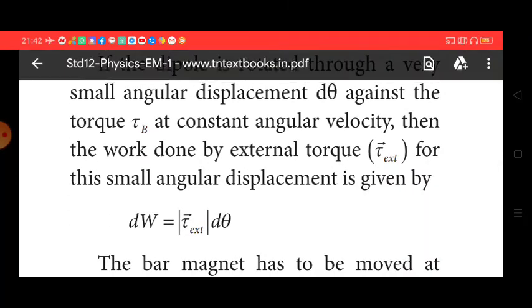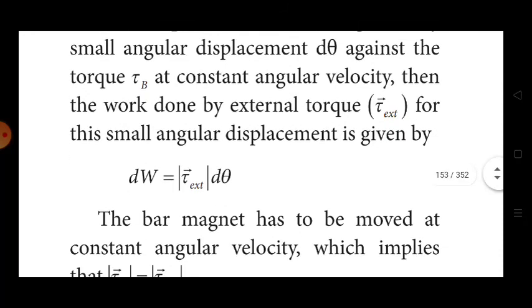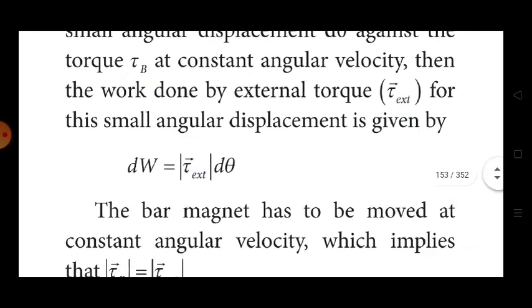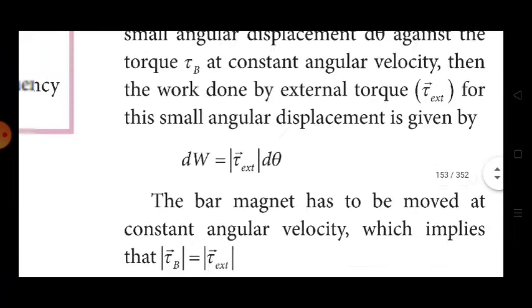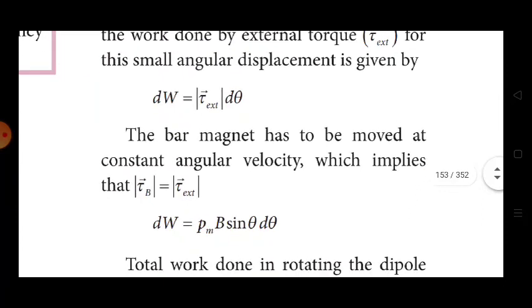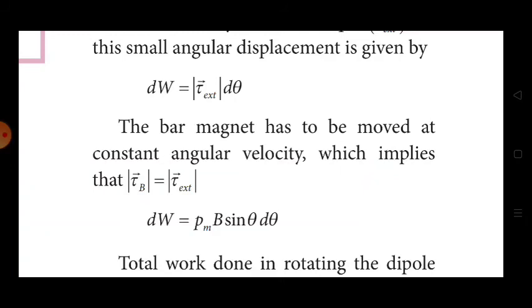When the dipole is rotated through a very small angular displacement d theta against the torque tau at a constant angular velocity, then the work done by the external torque for the small angular displacement is dW equal to modulus of tau external into d theta. The bar magnet has to be moved at a constant angular velocity, which implies that modulus of tau vector is equal to modulus of tau external.